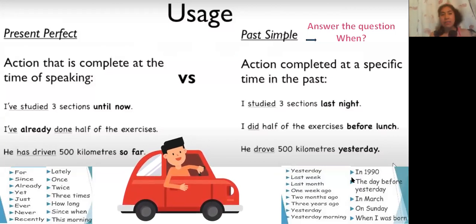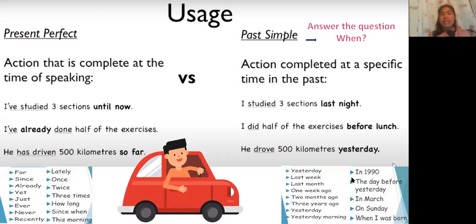When? It doesn't matter. But if it is past simple, the action is complete, and in a specific time, I say when it happened, the difference. I studied 3 sections last night. So be careful. If you are going to say when it happened, obviously it's past simple. Don't say when it happened, present perfect.